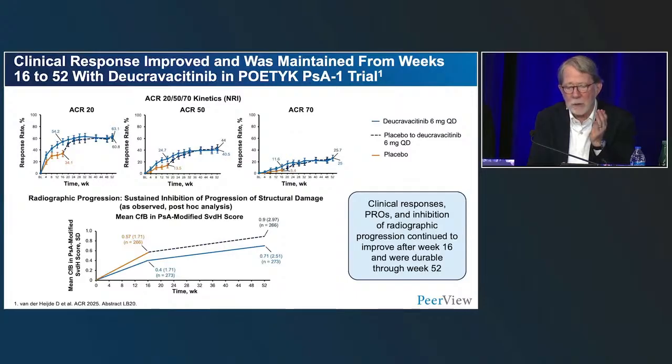And as you can see, there was a nominally statistically significant separation in the Ducra group versus placebo, and then that was continued out through week 52, and we see that the original placebo-treated patients had similar attenuation of their x-ray progression.